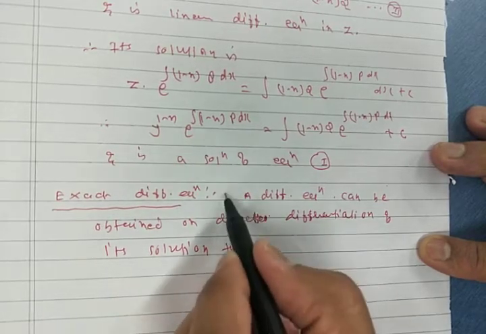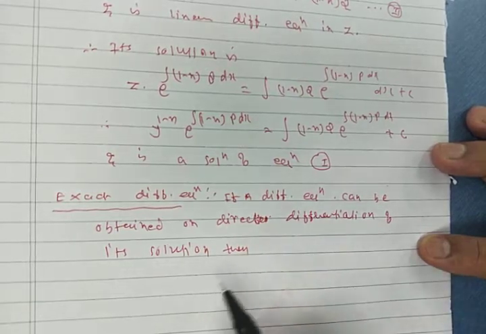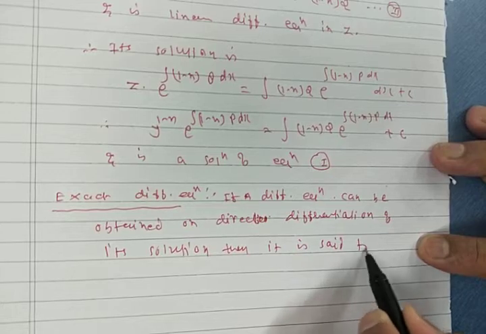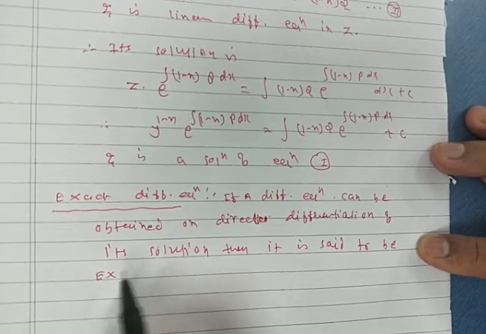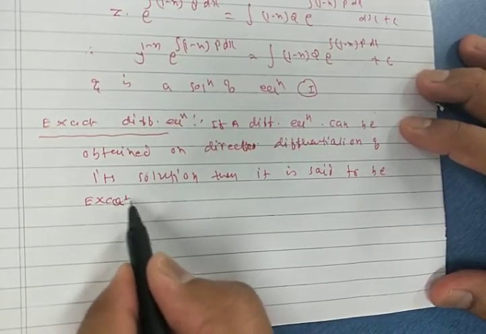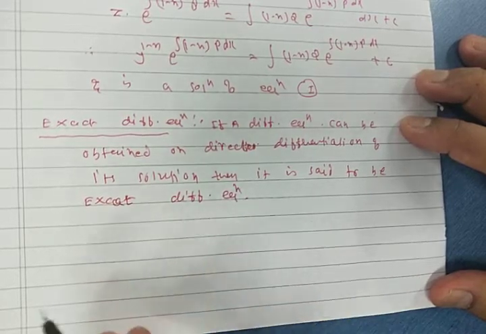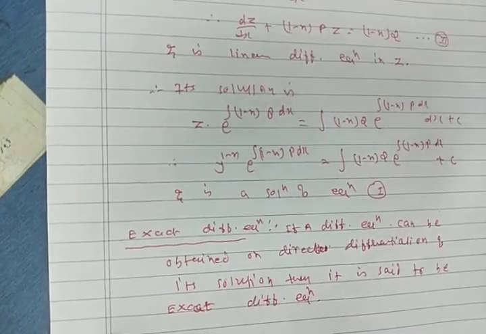Then, if a differential equation can be obtained from direct differentiation of the solution, then it is said to be an exact differential equation. Clear? This is its definition.